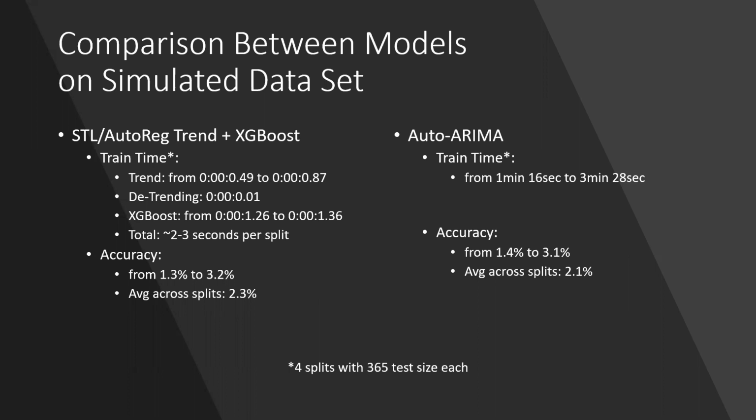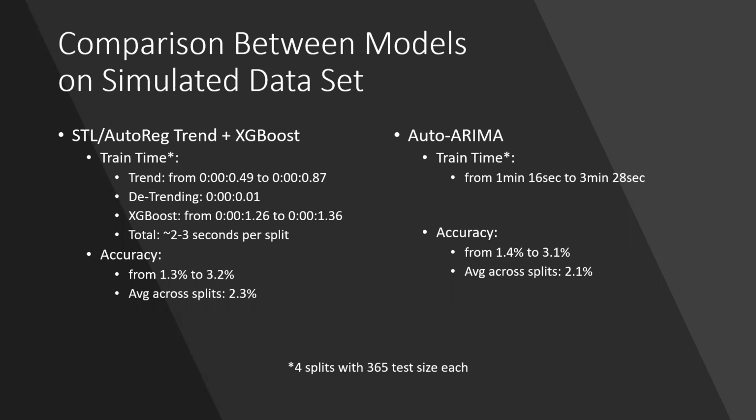And then the big benefit in my mind is that with the Auto-ARIMA procedure, on my machine anyway, you're looking at a minute, 2 minutes, sometimes 3 minutes per split. If you're just building one model, that's probably fine. But if you're building dozens or maybe even hundreds of individual time series forecasts, and each one takes 2 or 3 minutes to train, that can be a constraint on your whole process.